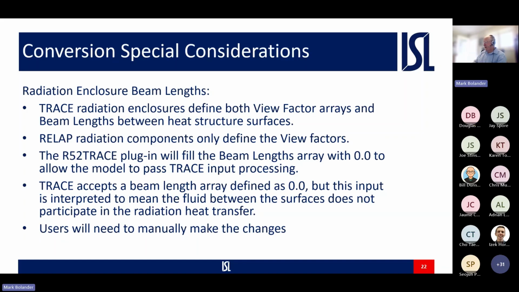Yeah, that's correct. So if you're trying to model gravity flow situations, then you need to make sure that your converted TRACE model doesn't have any loop closure issues in it, because that becomes important.